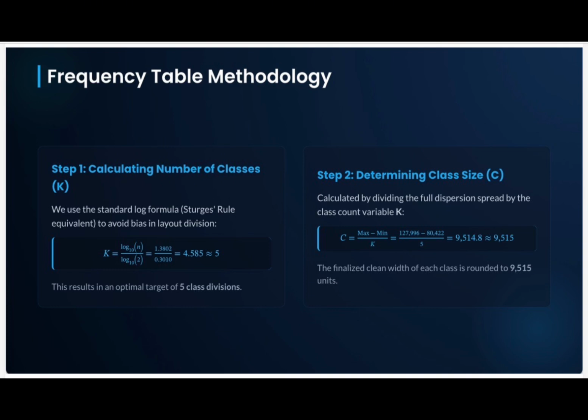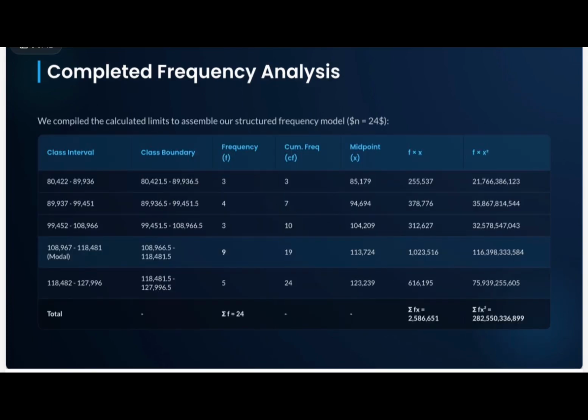So, it equals 9,514.8. To keep our data presentation neat and statistically sound, the finalized class width of each class is rounded up to 9,515 units.